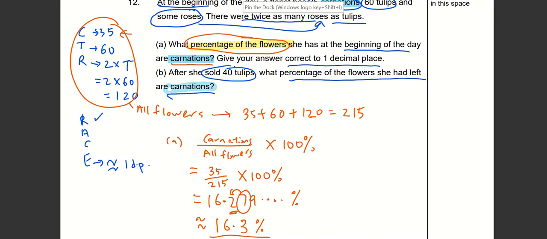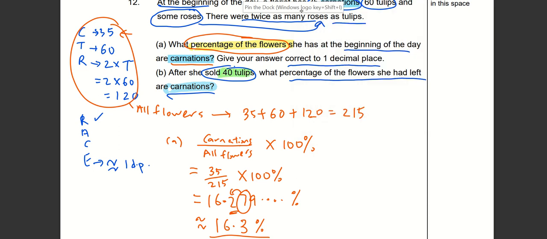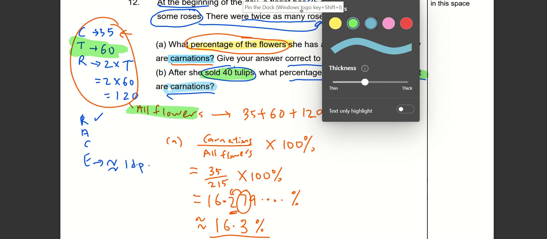Still asking for carnations, but it's about tulips being sold. So let me highlight this. 40 tulips are being sold, meaning the tulips are the ones that are changing. Because the tulips are changing, what do you think will change as well? All the flowers may change also, because that's what's left. But the quick question is, what about carnations? Did carnations change?